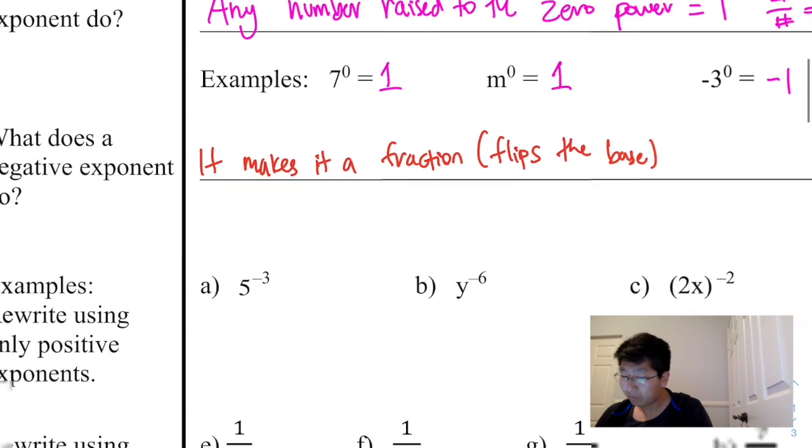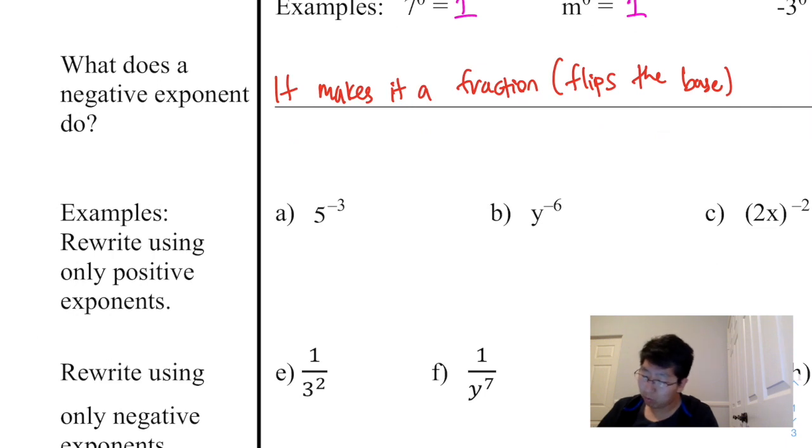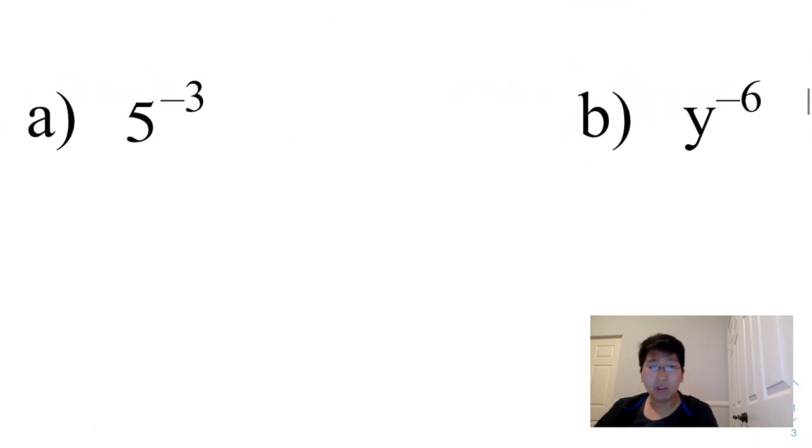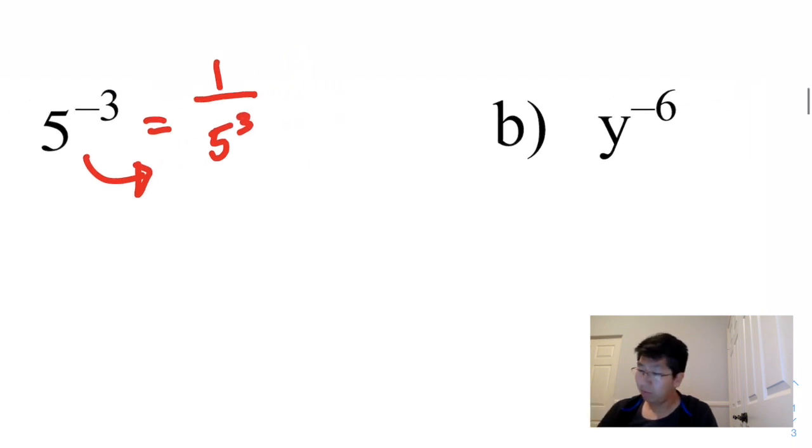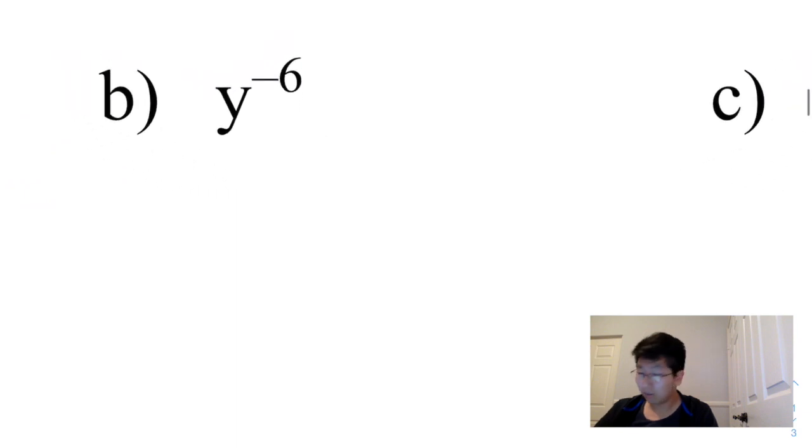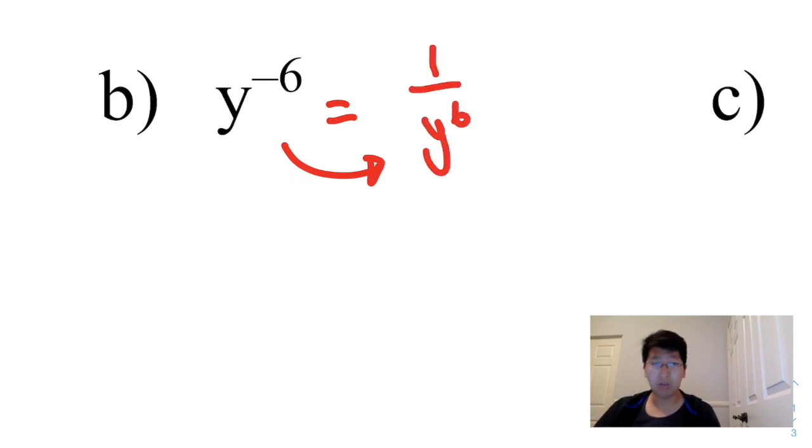So here are some examples where we're going to write only positive exponents. So here, if it's 5 to the negative third power, it's going to move down, right? And it's going to be 1 over 5 to the third. And notice now we have just positive exponents. Okay? Here, we have y to the negative 6. What's going to happen is it's going to come down to the bottom, and we get 1 over y to the 6th power, and now we have a positive exponent.